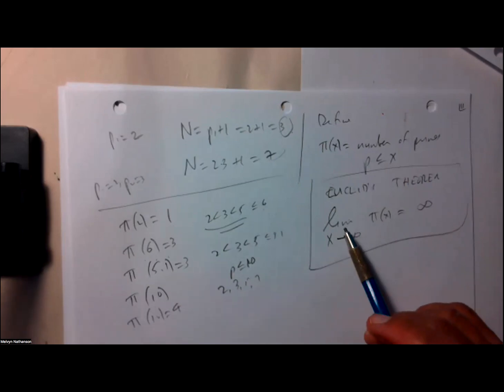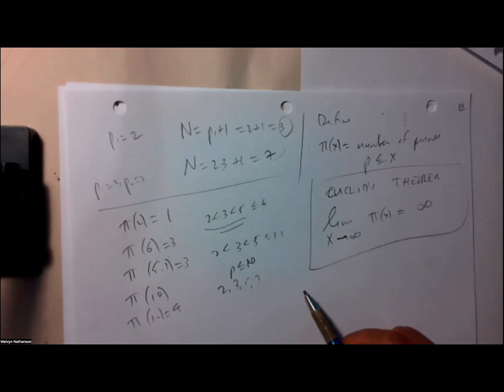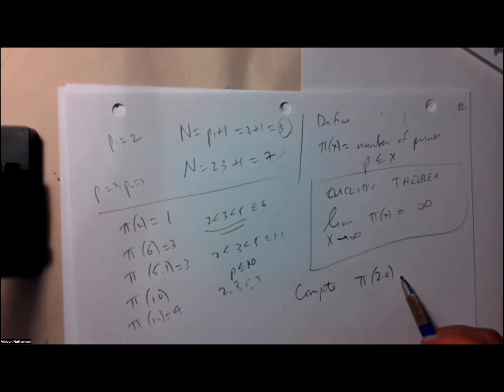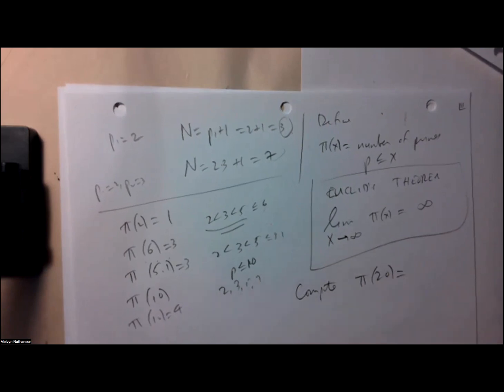So just to make sure you understand the notation, compute right now, what is pi of 20? What is pi of 20 equal to? So this is the number of primes less than or equal to 20. So how many primes are less than or equal to 20? Is it 9?